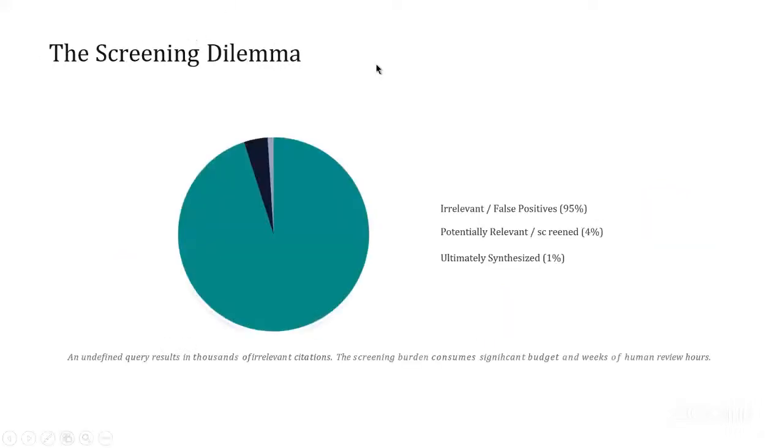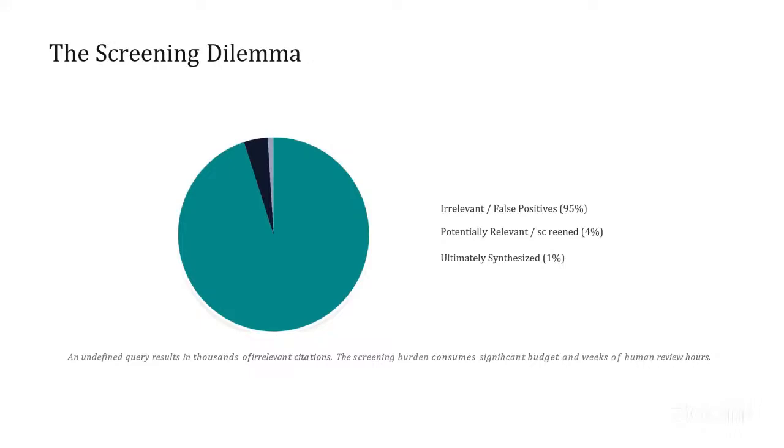So this is the problem with the search that I said in the beginning. As you can see here, only around 1% of studies that you search end up being in the systematic review, and only 4% are potentially relevant. So 95% of studies are completely irrelevant to your search, but you still had to screen them before Search Refiner because you couldn't afford missing even a single paper, right?